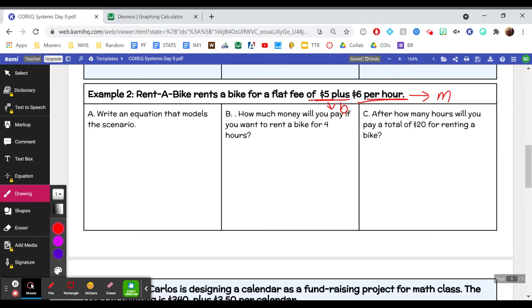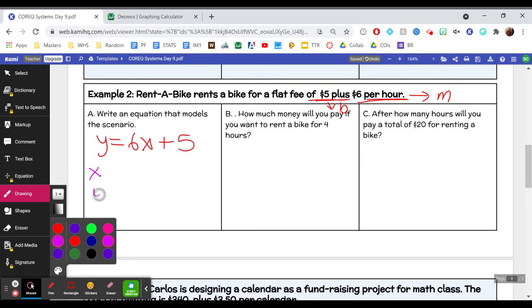Okay, so now write the equation that models the scenario. So that would be y is equal to my slope, which is 6x plus 5. And I'm going to define my two variables, x and y. x is the number of hours, and y is the money.